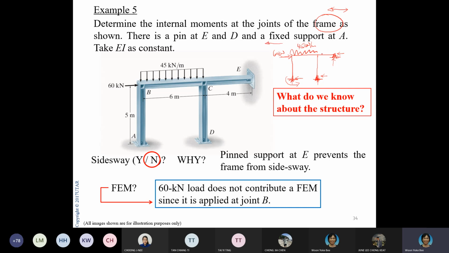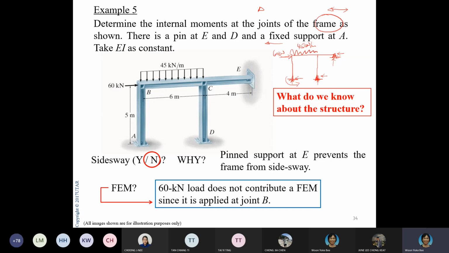Why? Because your member is not extensible. It is flexible, but it's not extensible. It cannot elongate, right? Unless it says the members can elongate, then it's different, right? Like in topic 1, we say the wire is extensible, then you have your delta, right?